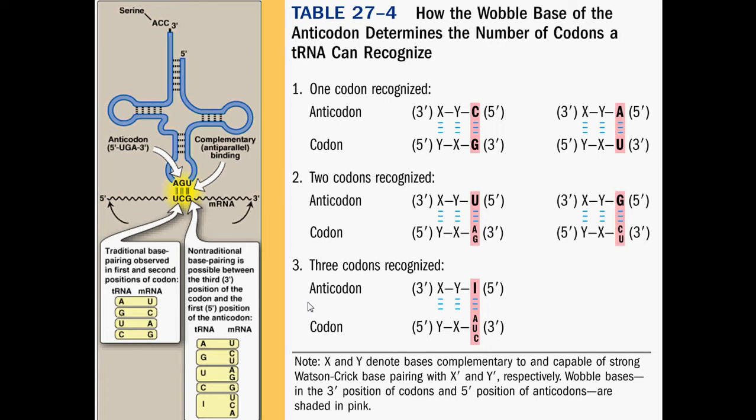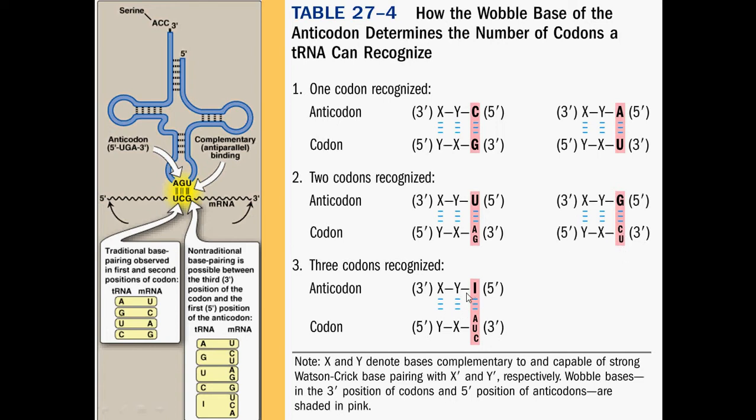That problem is solved because the C and A have a specific one, but U and G have two different ones. The U in the anticodon can bind to an A or a G in the codon, and the G in the anticodon can bind to a C or a U in the codon.